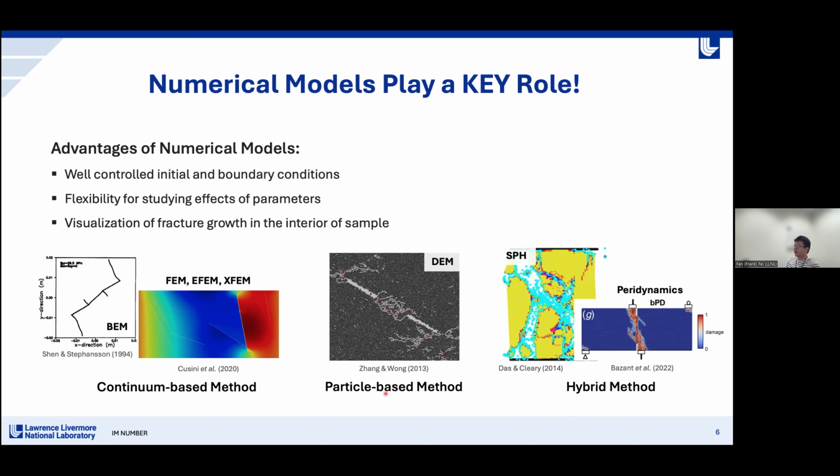The second category is the particle-based method, like the discrete element method. The last category is the hybrid technique that takes advantage of both continuum and particle-based methods, and some representative examples include SPH, peridynamics, as well as the material point method, which has also become very popular nowadays.